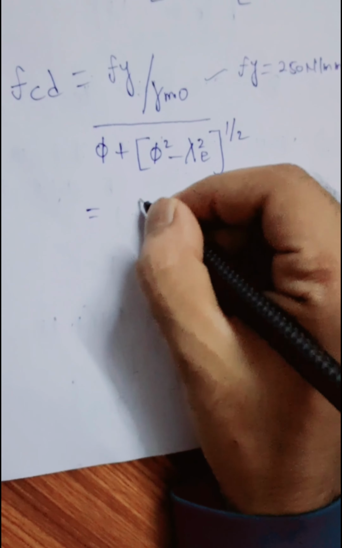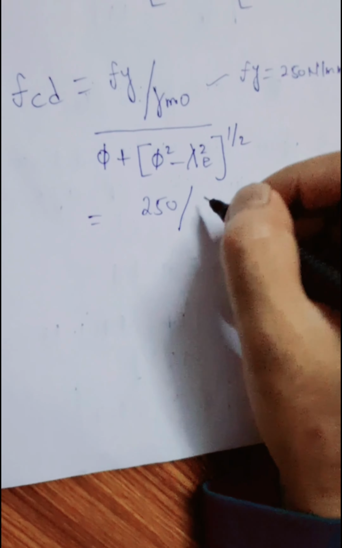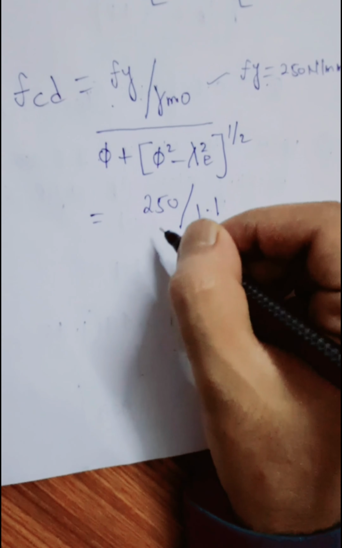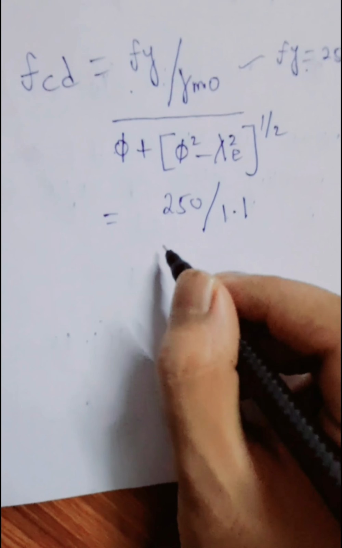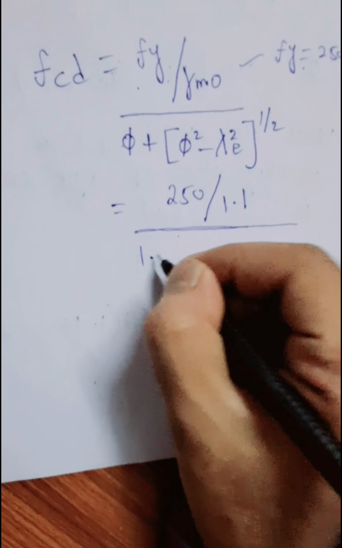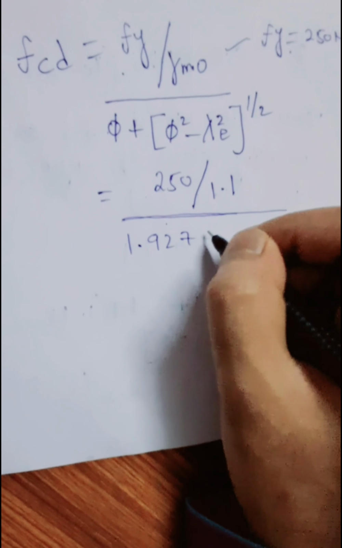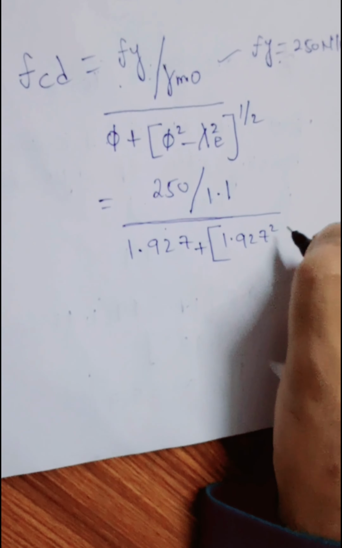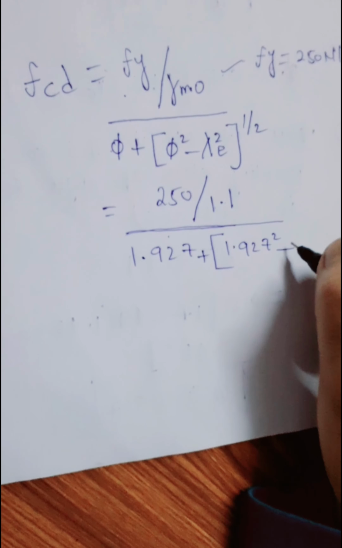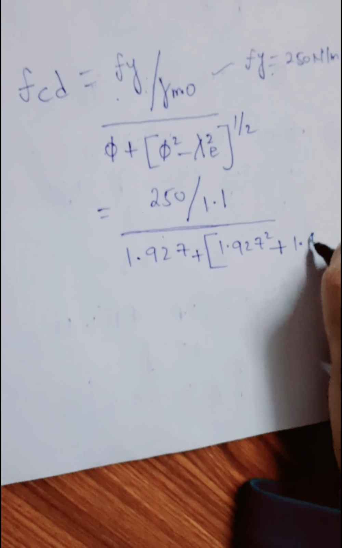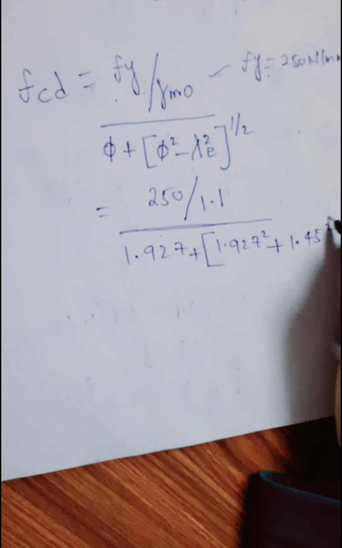Now let us solve the formula. 250 divided by 1.1, we know fy. Then divided by 1.927 plus the square root of 1.927 square minus lambda e square, that is 1.45 square.